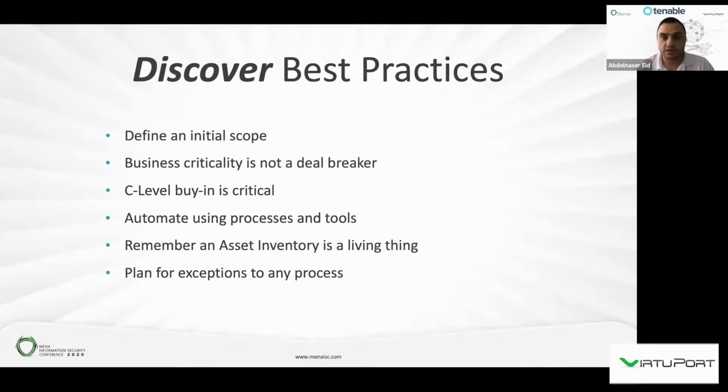And definitely this should have visibility from top-level management, and they have to be aware of what is happening in our exercise. Then we can start doing a full discovery exercise for our environment.